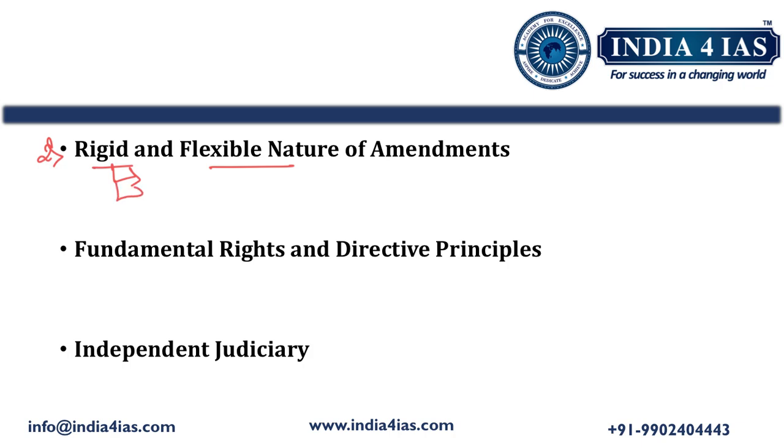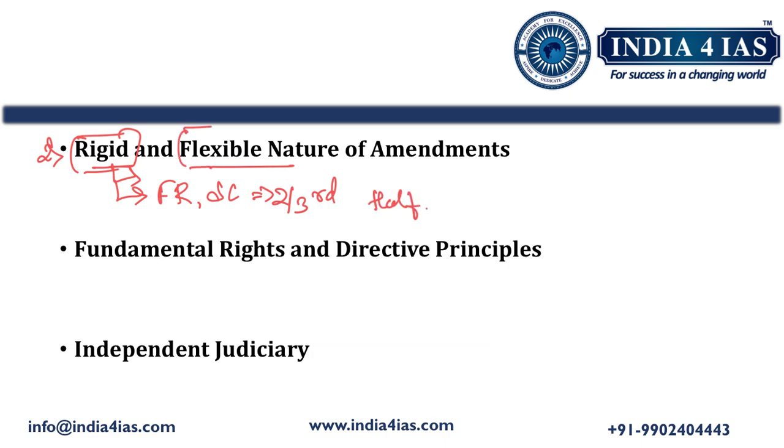This kind of amendment reflects the rigid nature of the amending procedure of the constitution. For example, it might be fundamental rights, or amendments related to the Supreme Court. Such amendments can be made with the help of a two-thirds majority, and sometimes ratification by half of the state legislatures.